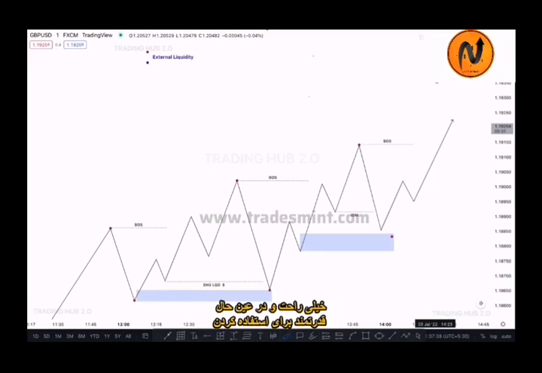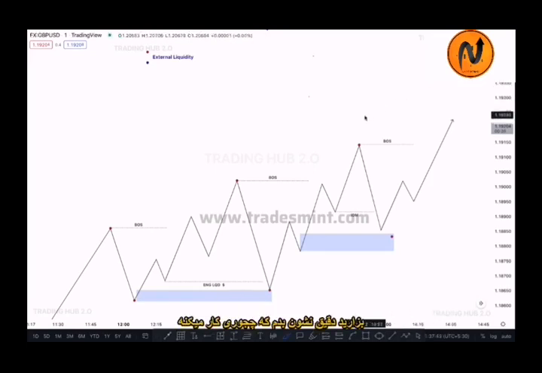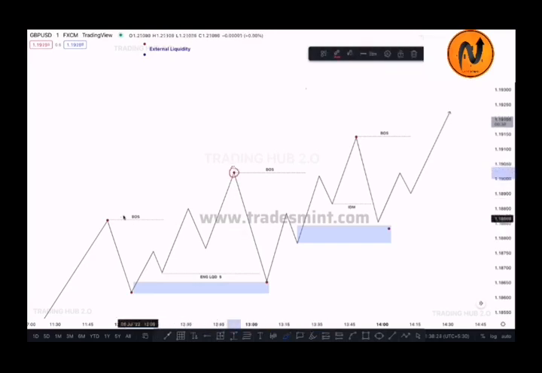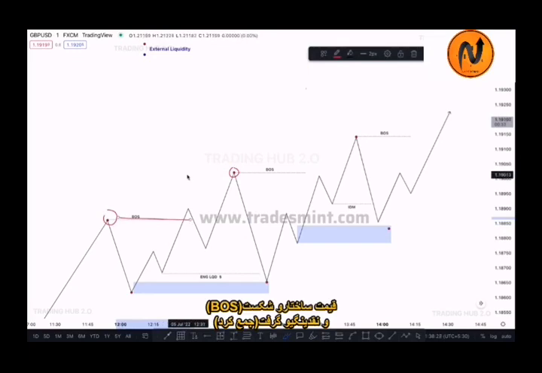How can we identify it? This is a very simple and powerful way to use it. Let me show you exactly how it works. First, identify where the external liquidity is. External liquidity is here, correct, and here the market breaks the structure and takes out the liquidity. Then what happened after taking out the major liquidity?